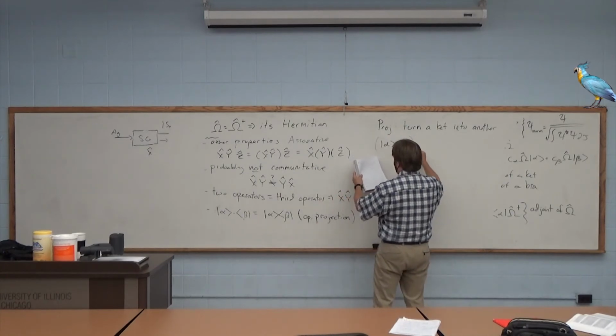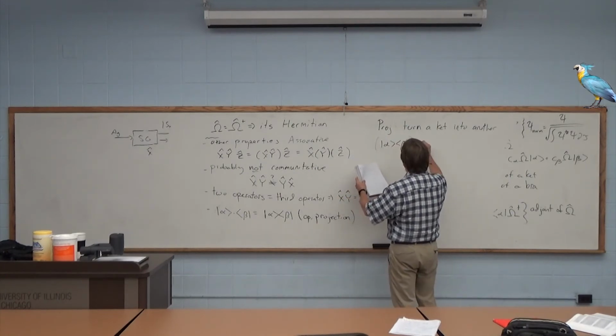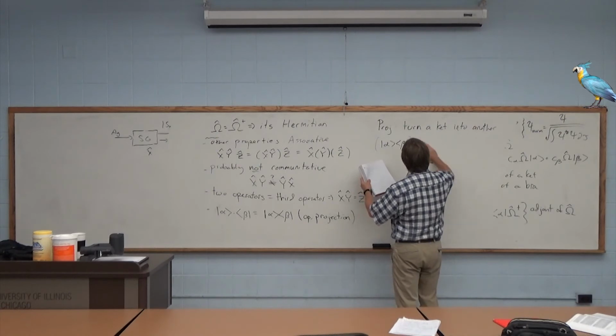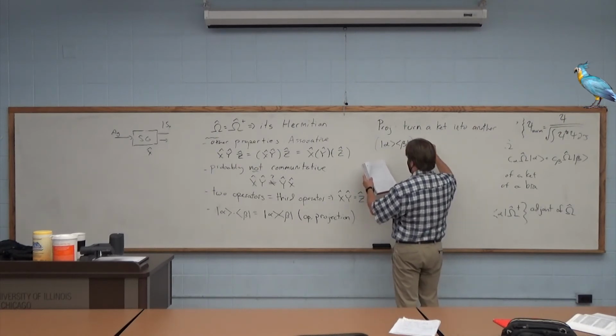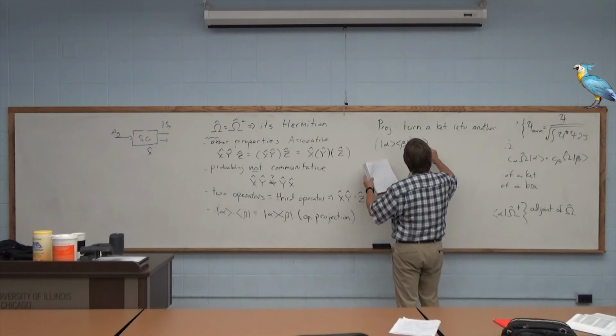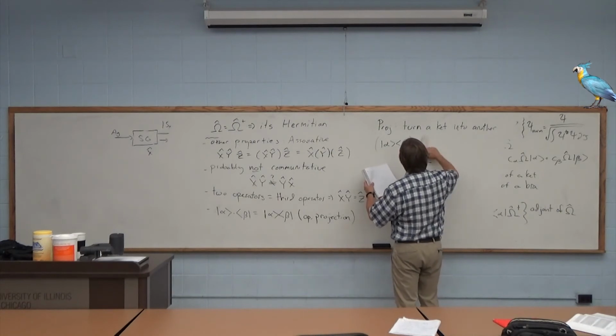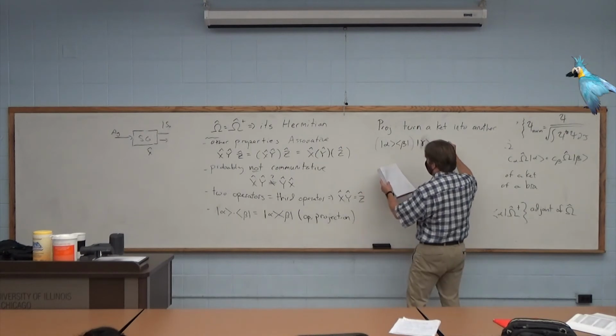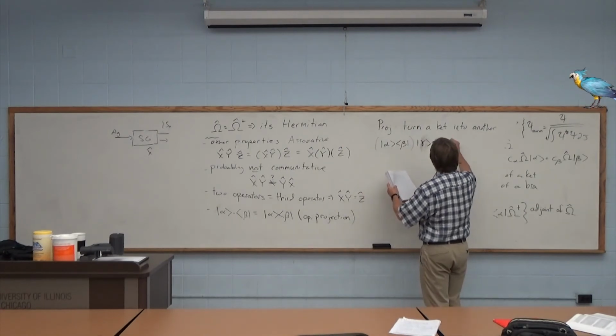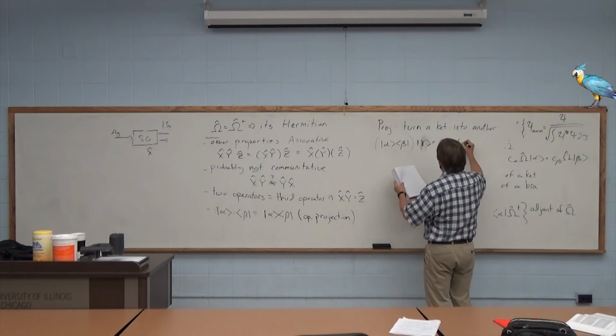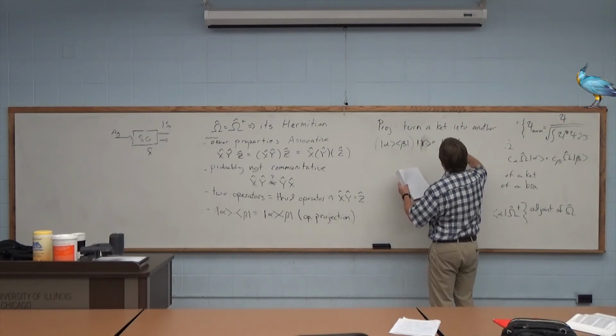There's our operator, and it is going to operate on a state, let's call it gamma. Oh, that looks like a weird 2. Gamma. Okay, and what you have is now, sorry.